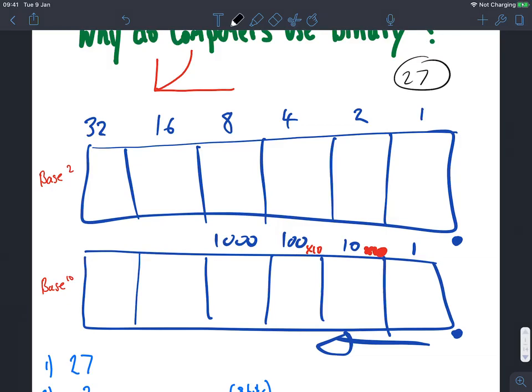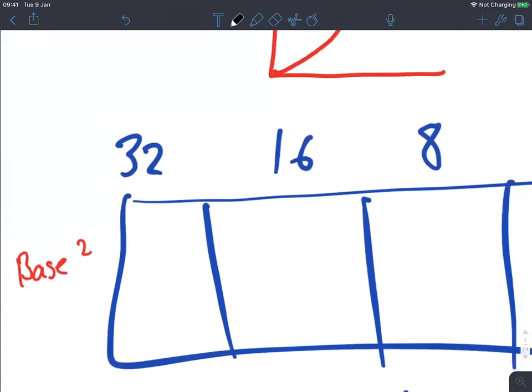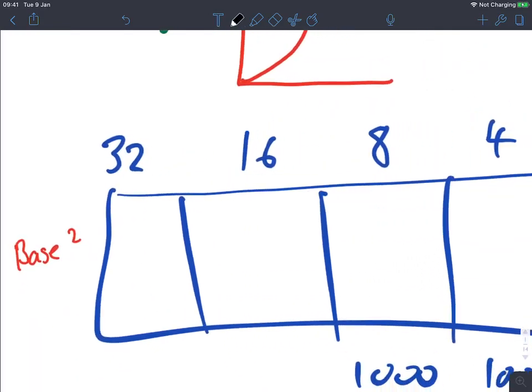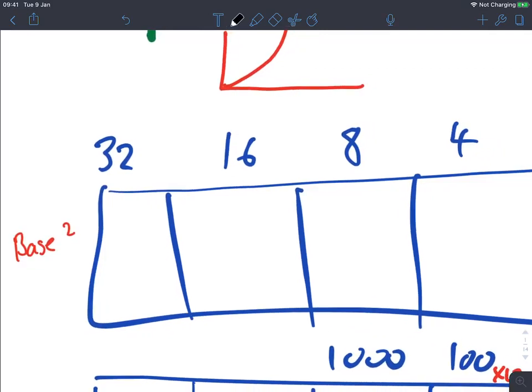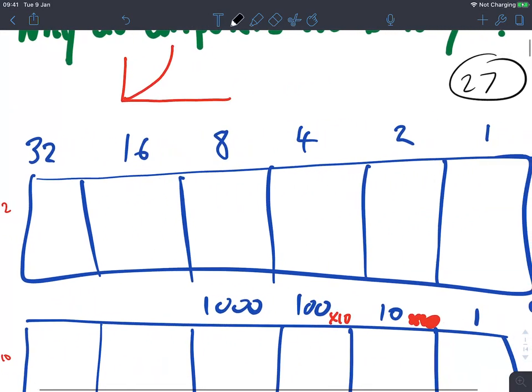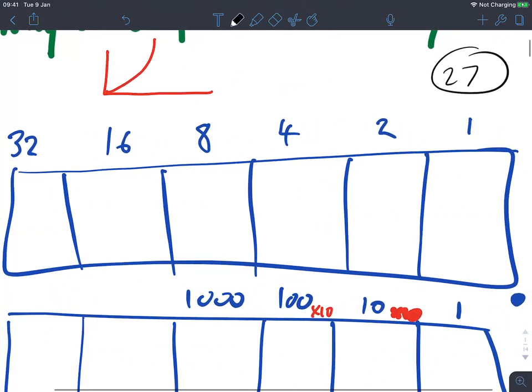Well, of course, the simplest method is to start by looking at the highest number we can. So 32 is bigger, so we can't place anything there. Next one is 16. Now 16 does go into 27, so we'll drop a 1 there, and that leaves us with 27 minus 16, which is 11.